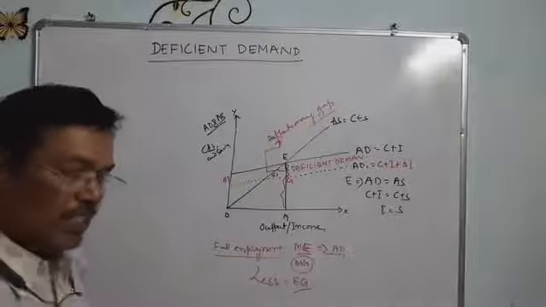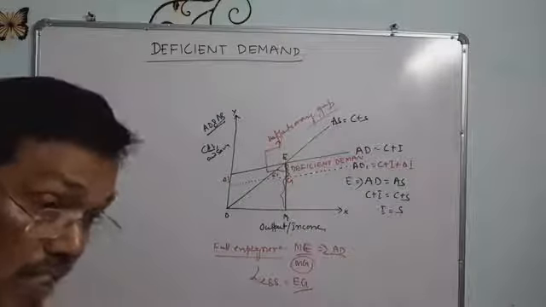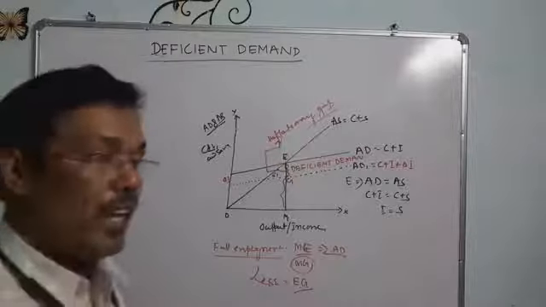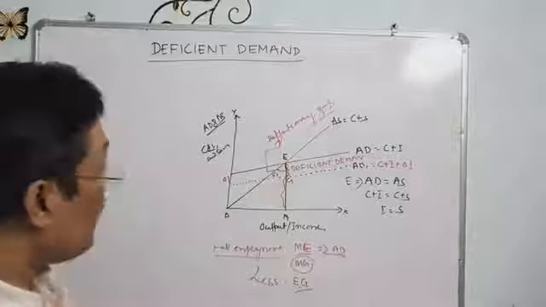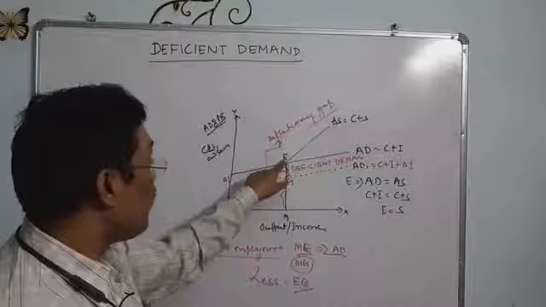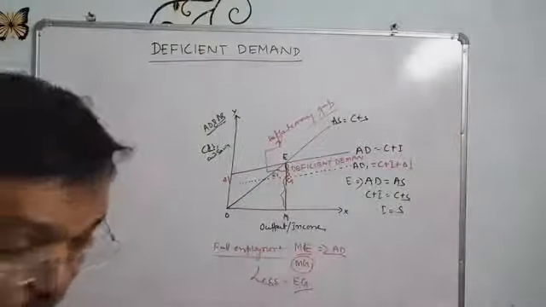That is called excess demand. Here it is just the reverse. Aggregate demand is less than aggregate supply at the level of full employment, and that is to be known as deficient demand.